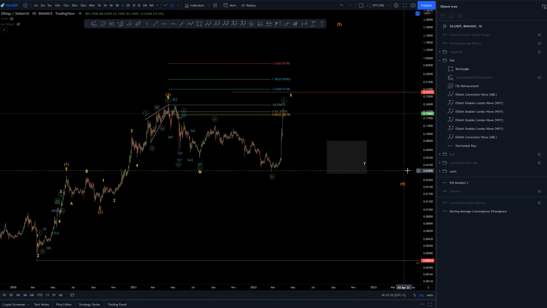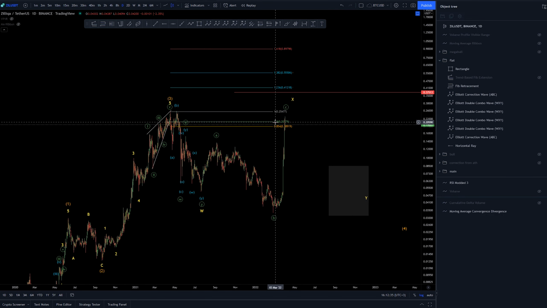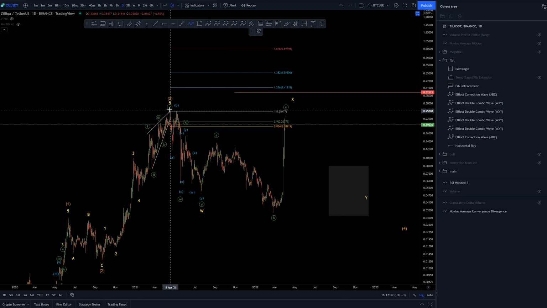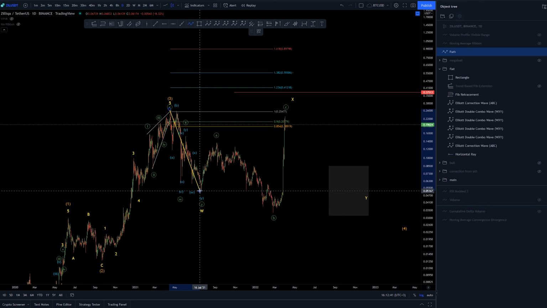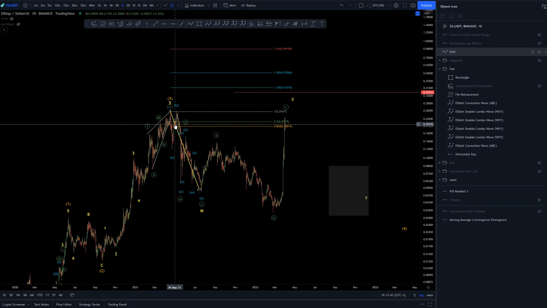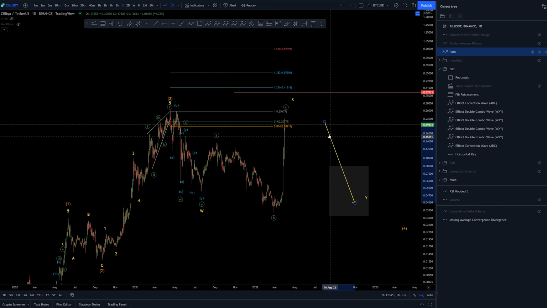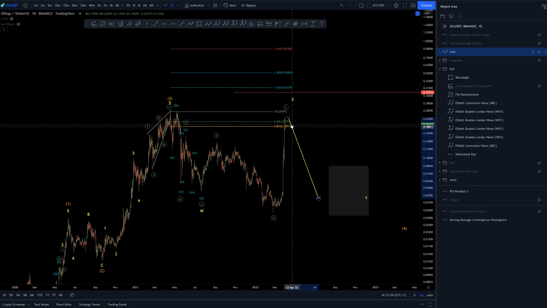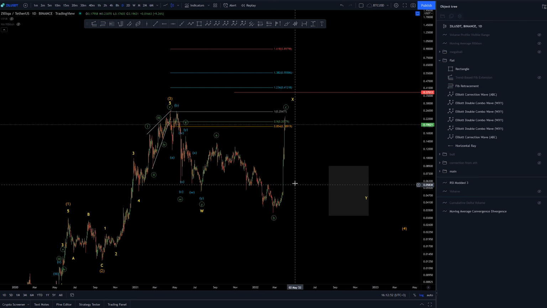And here we can see what we're aiming at. Currently we already corrected 90% upwards, meaning we've corrected 90% of this move, expecting another similar move down after this point here into this gray area of this box.